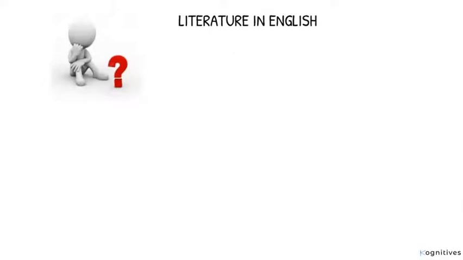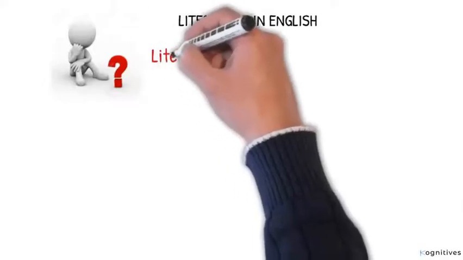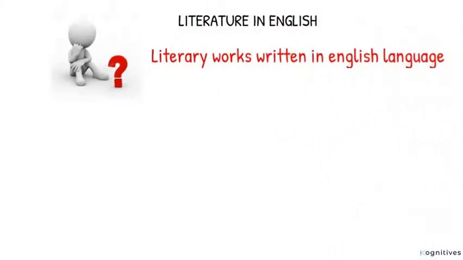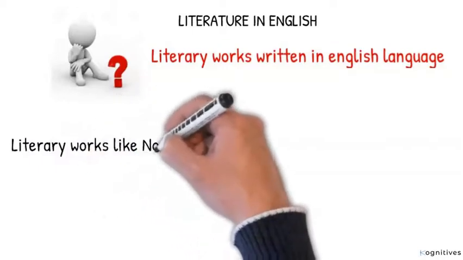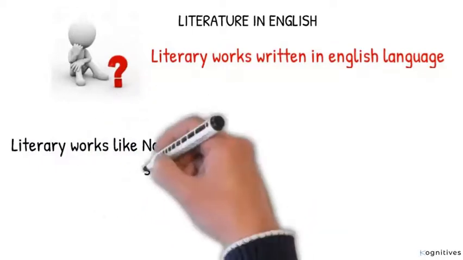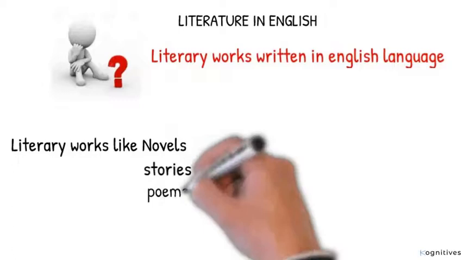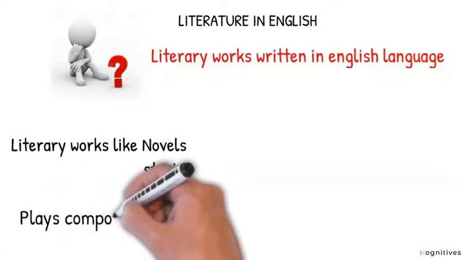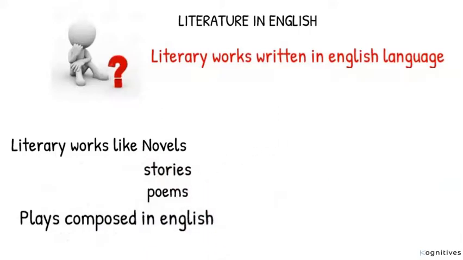Literature in English refers to literary works written in English language, irrespective of the nationality of the author. Another definition for literature in English is literary works like novels, stories, poems, non-fiction, and plays composed in English.